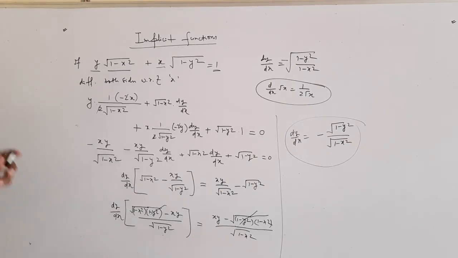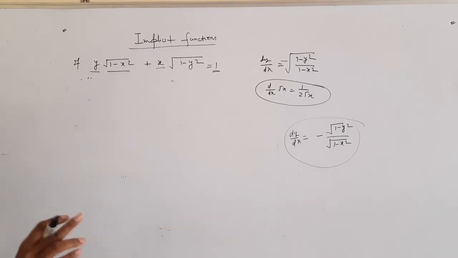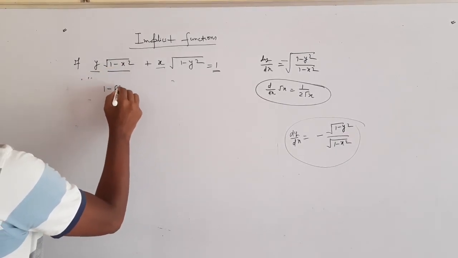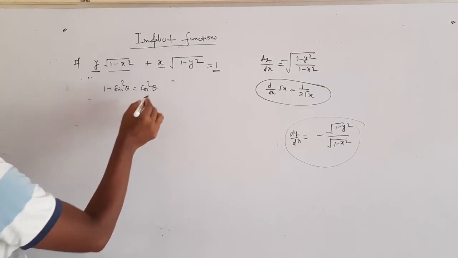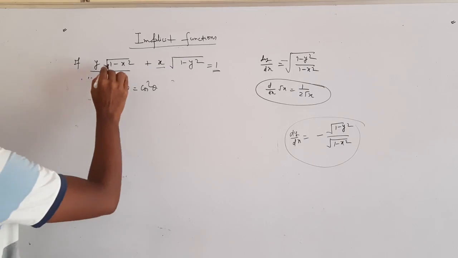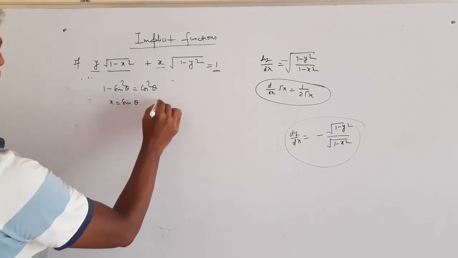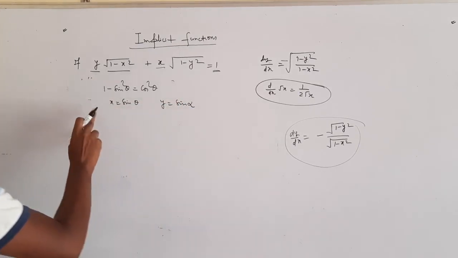Now I have another method of solving the same question in a different way. So first let me clear the screen. Till now you can hold the screen and keep writing about this in the question. Now if I use the method of substitution, so see, 1 minus x square is just giving me an idea, because I know that 1 minus sine square theta is cos square theta and 1 minus cos square theta is sine square theta. So in the same line, if I write x equal to sine theta and y equal to sine alpha, then what will happen?